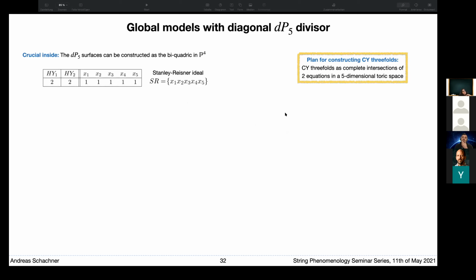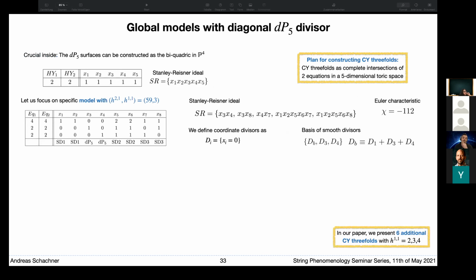So the plan for constructing Calabi-Yau threefolds becomes that we construct these threefolds as the complete intersection of two equations in a 5-dimensional toric space. And once you restrict to a 4-dimensional ambient space, you should get back the biquadratic equation for the dP5. And using this idea, we constructed 6 different Calabi-Yau threefolds in our paper.